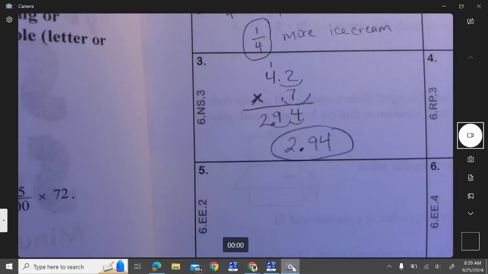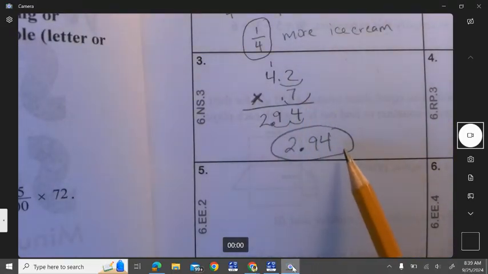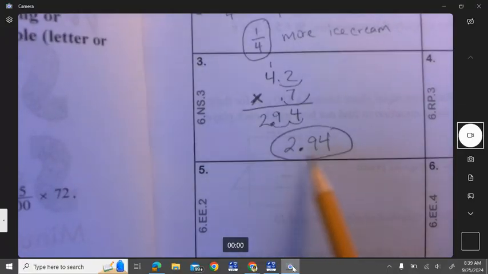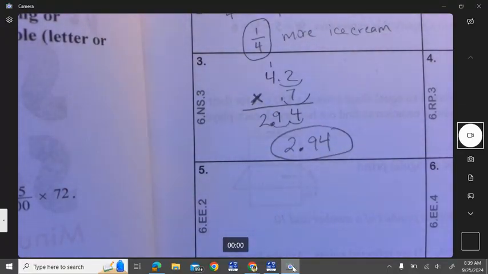You don't need the leading 0. You could have put 0.7, but you don't need it. I originally ended up with 294, and then as you can see, I swooped out twice, and then swooped in twice, and the placement of the decimal is 2.94.